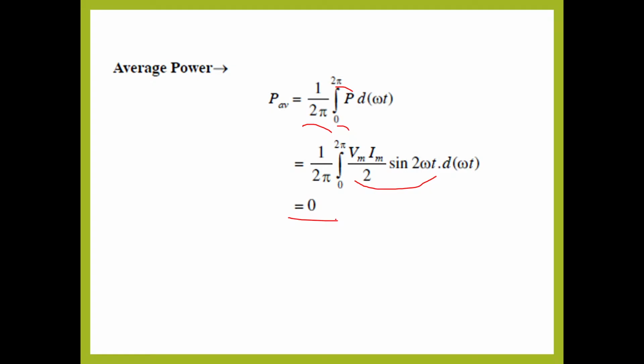Okay, the power consumed in a purely capacitive circuit is what? 0. So the capacitor will receive energy during the first quarter of the voltage and return the same during the next quarter of the voltage. Okay. So I can discuss this.